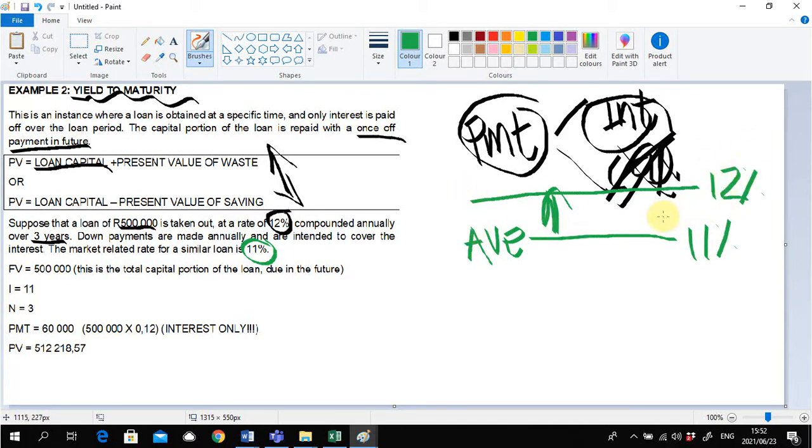And why would this wastage happen? Well, mostly it's because of a business and its risk profile. If the financial institution believes that the business is more risky than the average of the same type of business in the market, you're going to pay above the average market interest rate.